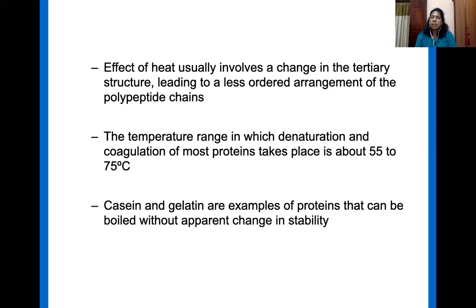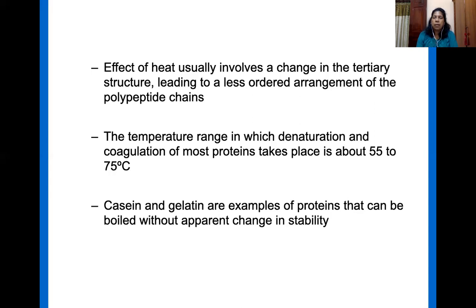If I ask what is the reason casein and gelatin do not give an apparent change in stability at high temperature, what's the reason? So all the time you have to think about the reason for each and every point, and the examples for these things.